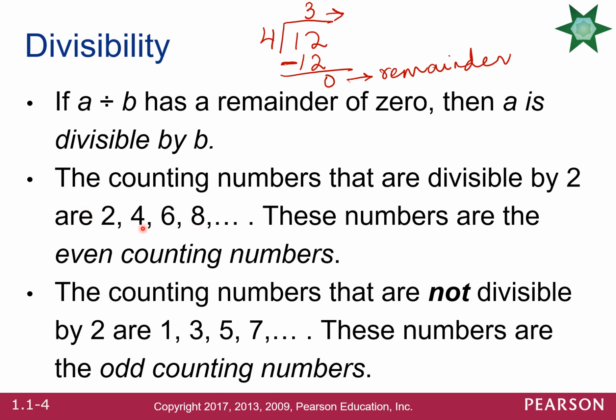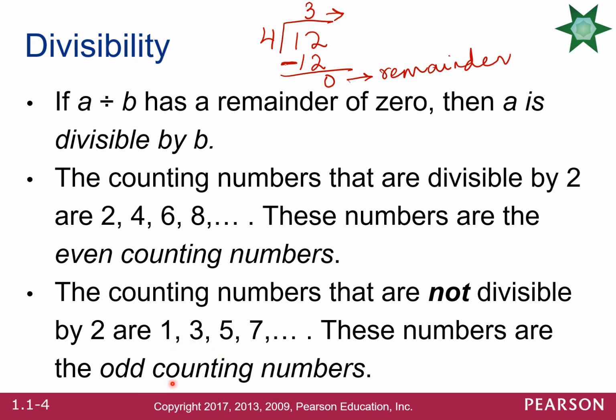So if we take all the even numbers and divide them by 2, we will always get a remainder of 0, and those are called even counting numbers. The counting numbers that are not divisible by 2, that means the numbers will leave a remainder.